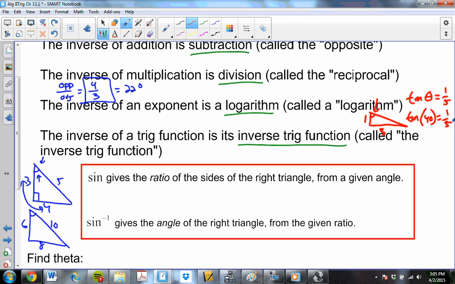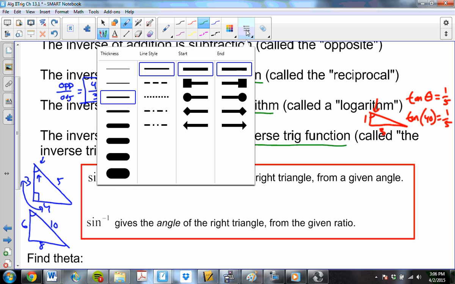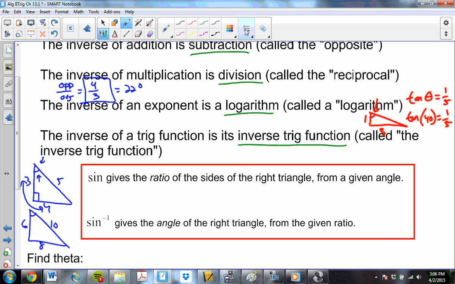So sine, cosine, and tangent are really just collections of all the possible ratios that a right triangle can come up with. I don't know if that makes sense yet, but I think as the chapter goes on, that'll get more and more clear. But the point is, whenever you have plain old sine, you're getting the ratio of side lengths.